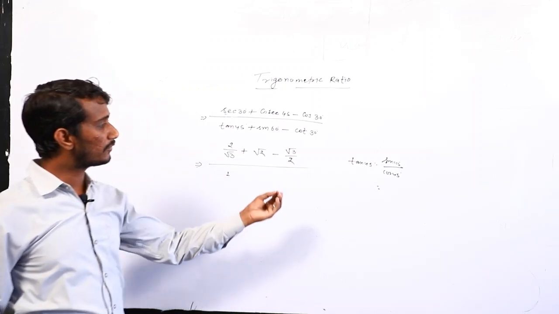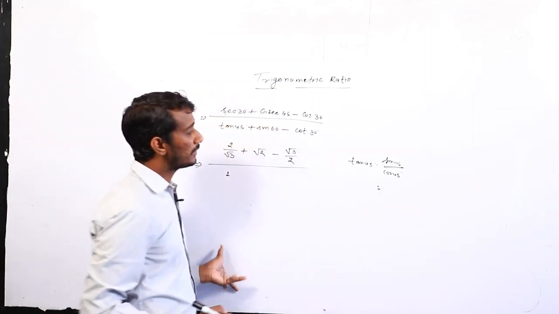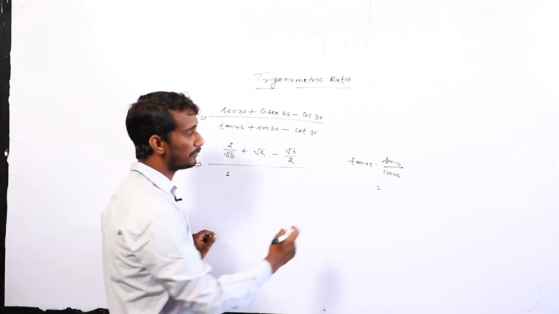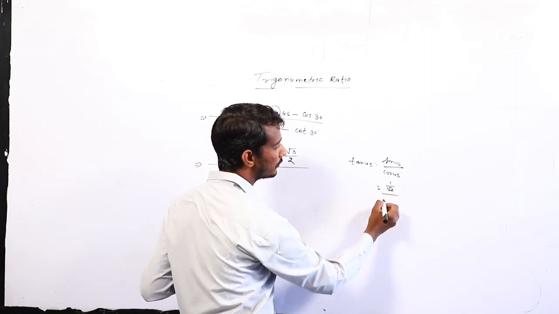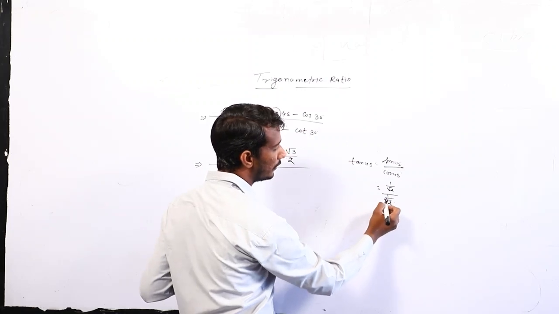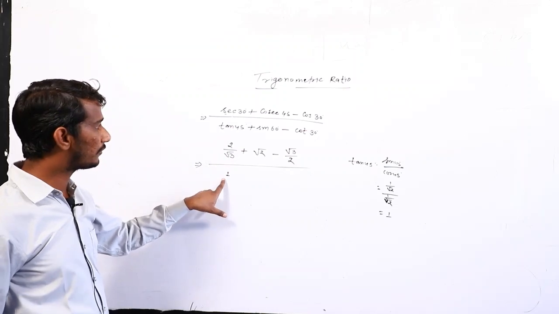If you practice in this way, you can learn the trigonometry table easily. Sin 45 value is 1 upon root 2, and cos 45 is also 1 upon root 2. So 1 upon root 2 divided by 1 upon root 2 gives 1. So tan 45 is 1.